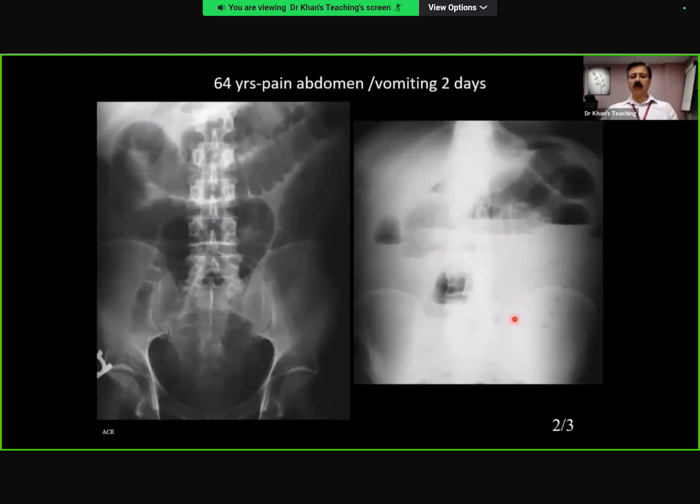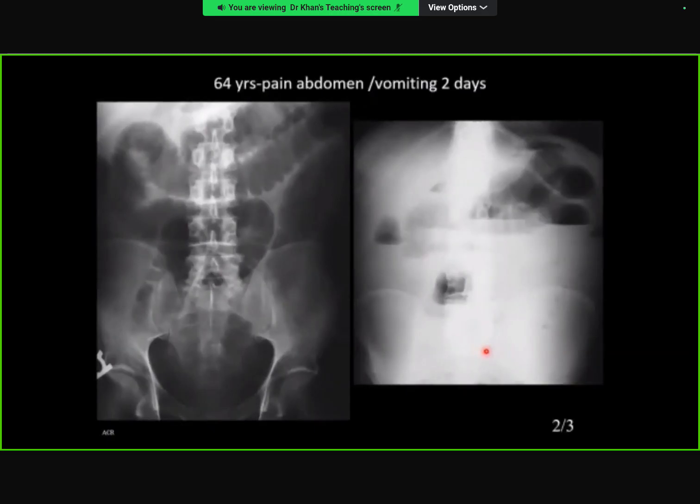So, how will you describe this film, candidate 3? You know, this is the same patient, by the way. So there's quite marked opacification in the mid to lower abdomen, with almost like a fluid level visible across the bowel. Excellent.